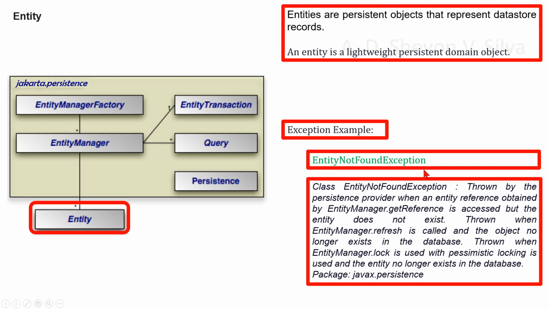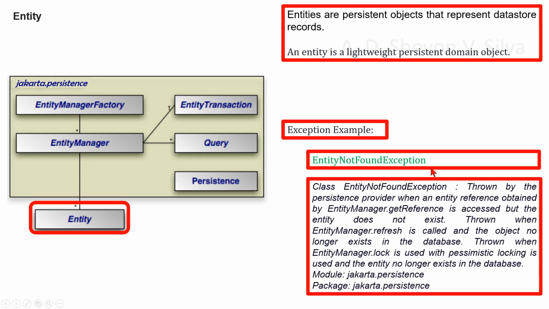It is also thrown when EntityManager.refresh is called and the object no longer exists in the database, and when EntityManager.lock is used with pessimistic locking and the entity no longer exists in the database. It is in the package jakarta.persistence and the module jakarta.persistence.